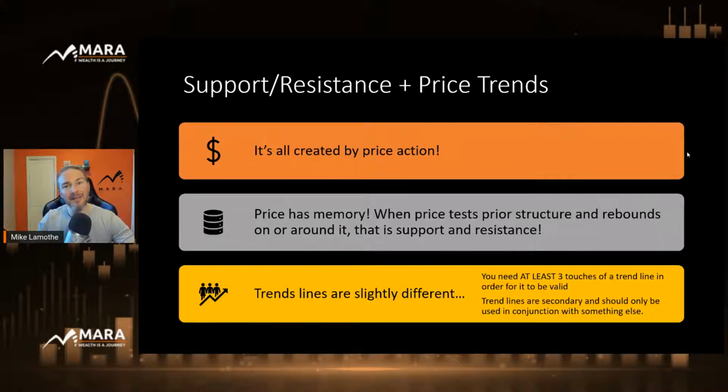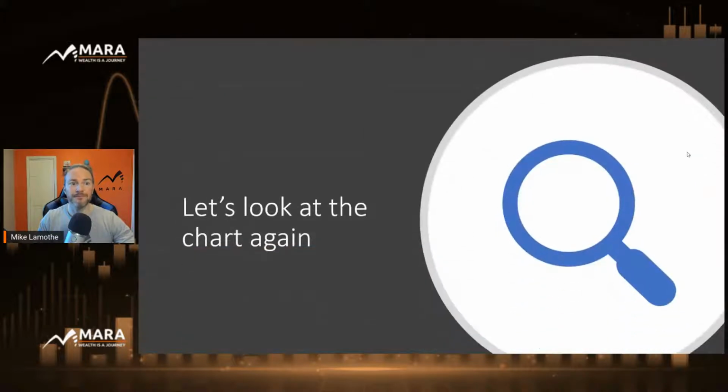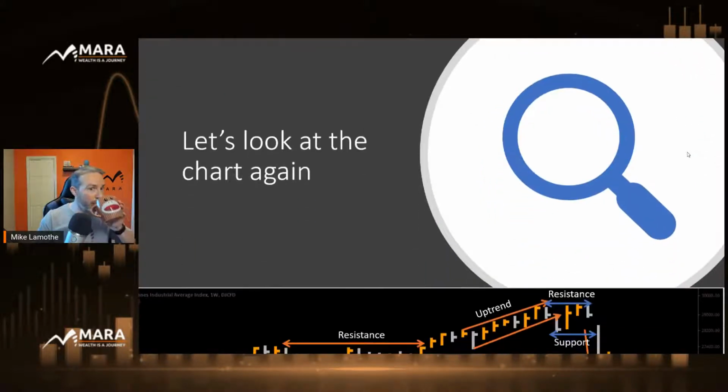It's for that reason that I consider trend lines to be secondary in nature. Also, you need to look in the rear view mirror a bit to identify trend lines in order for them to be appropriate or valid. Strong. So let's take a look at those charts again.